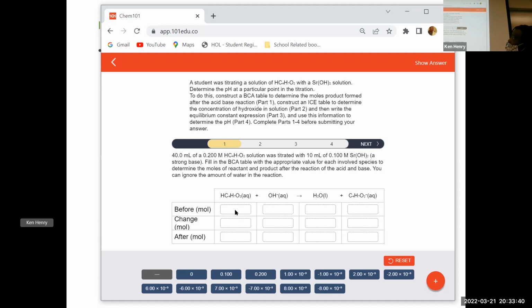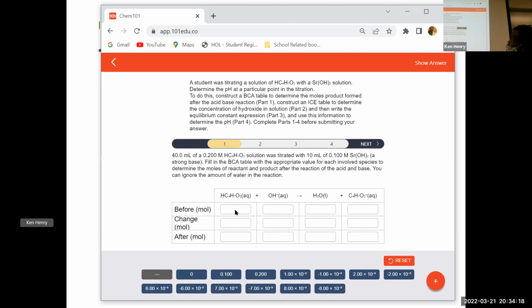Okay, it says a student was titrating a solution of HC4H7O2 with a strontium hydroxide solution. Determine the pH at a particular point in the titration. To do this, construct a BCA table to determine the moles produced, the mole product formed after the acid-base reaction, part 1.